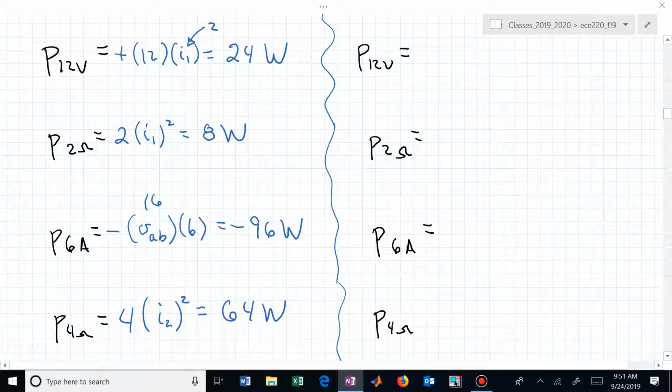Does that seem to be consistent? Are we supplying the same amount of power that we're consuming? Yes, so our power's balanced. That's a good check.